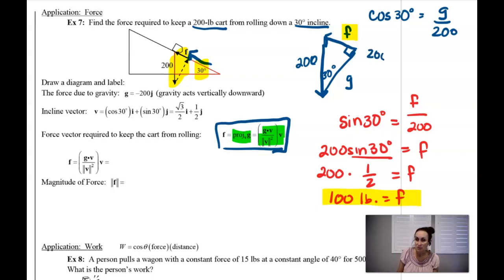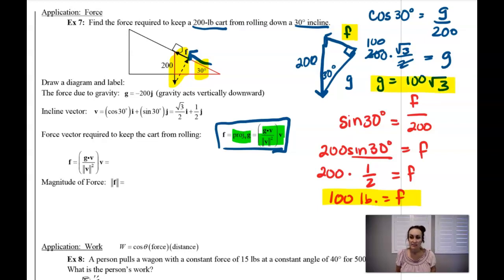So this would be 200 times √3/2 is the gravity vector. And then this goes in 100 times. So the gravity vector is 100√3. All right, so you're going to do one of these on Alex, and I would just use the right triangle instead of the projection vector.